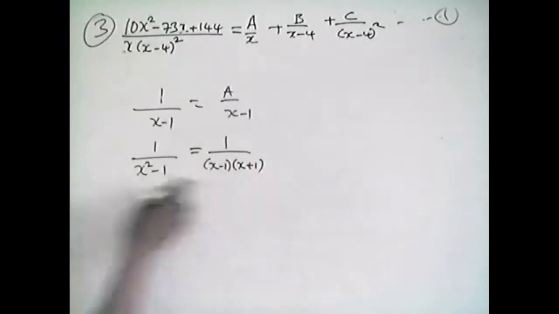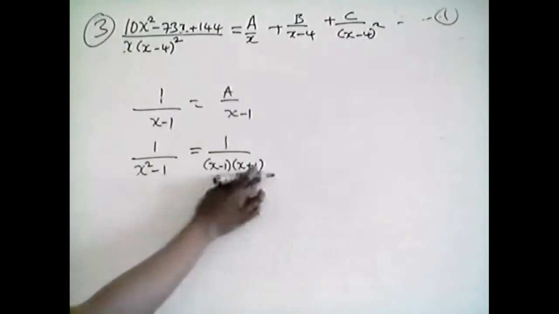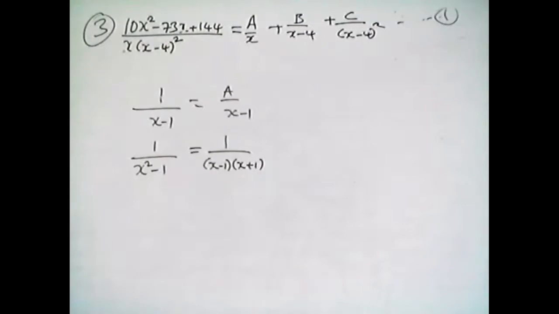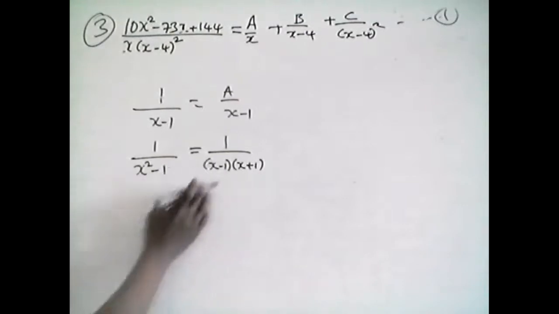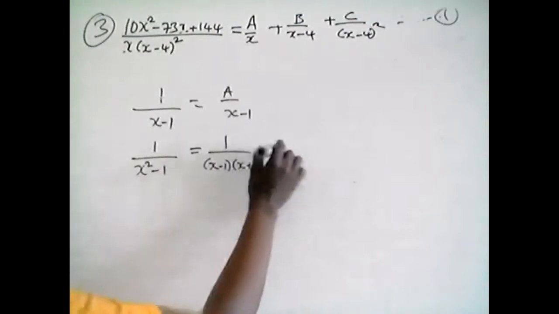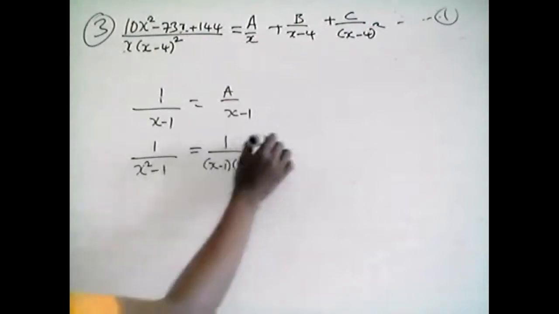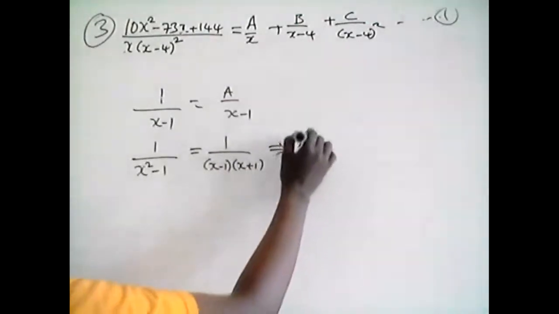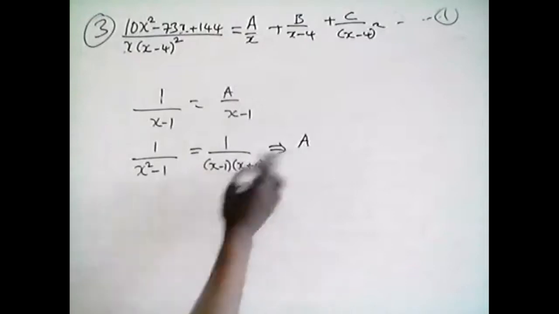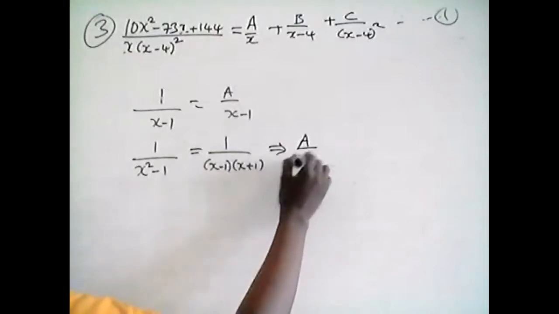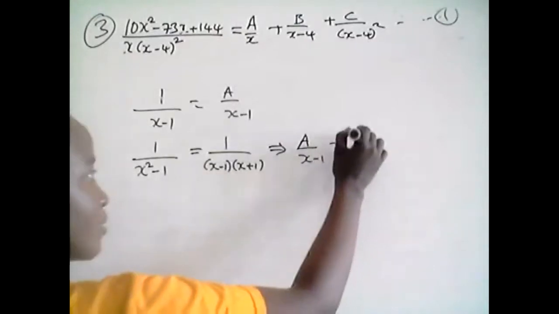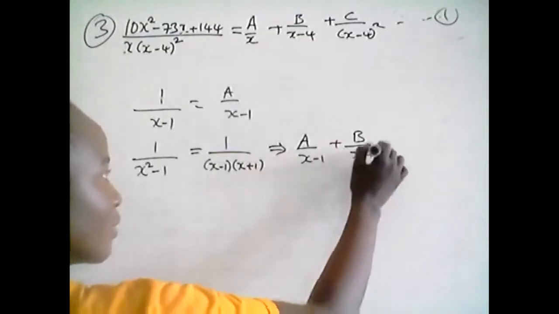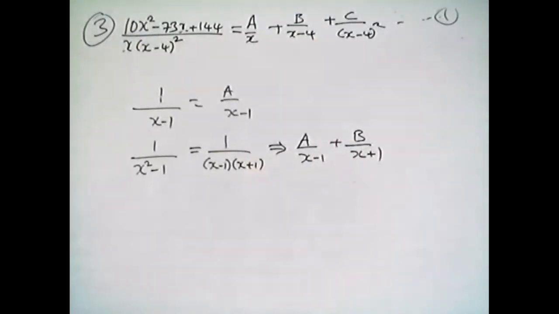So after you've expressed it like that, you're seeing that it's linear factors, so it won't be a quadratic. This will give us a partial fraction with two factors, so we're going to have A and B: A over x minus 1 plus B over x plus 1. That is in the case of linear factors.